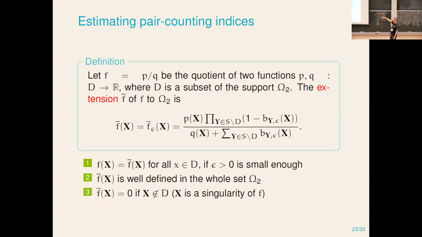So we consider all the points for which the original function is not defined. You can think of the points for which the Q is 0, where the function becomes singular.